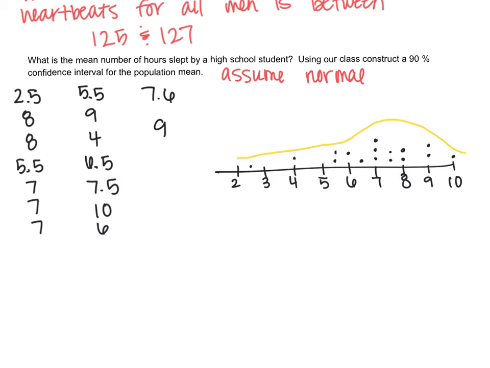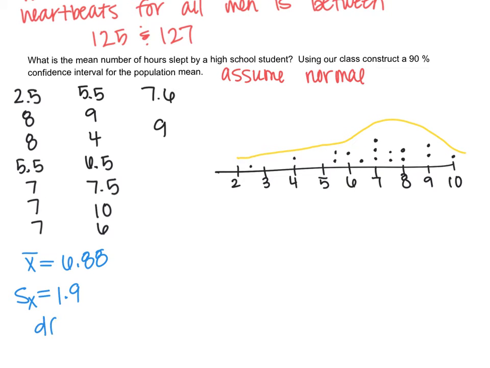Next, what we need to do is calculate our mean and our sample standard deviation. So using the calculator, we get a mean of 6.88 and a sample standard deviation of 1.9.